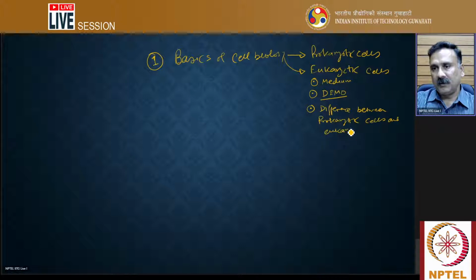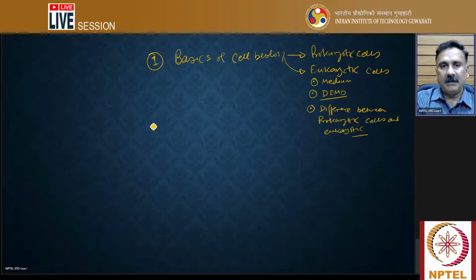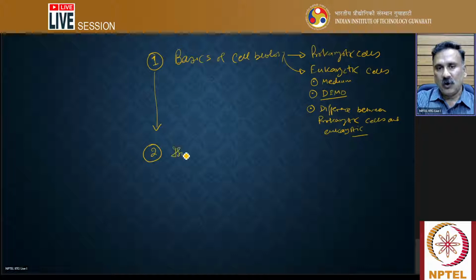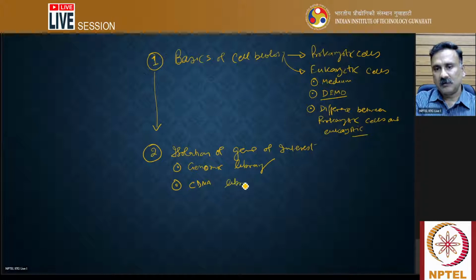So initially the idea was to clear your basics, and followed by this, we discussed the isolation of the gene of interest. We discussed genomic library preparation, cDNA library preparation, and we also discussed PCR.